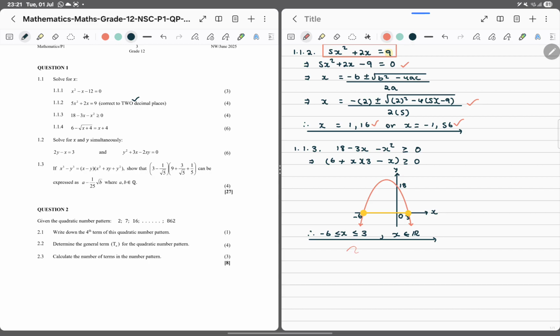But some students may prefer to write here x is an element of [-6, 3]. The interval notation automatically means x is an element of real numbers. Okay, yeah, that's about it.